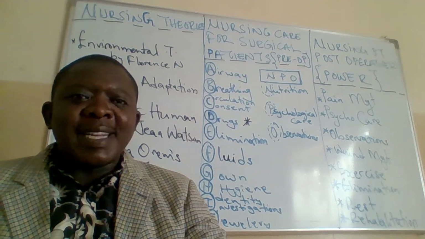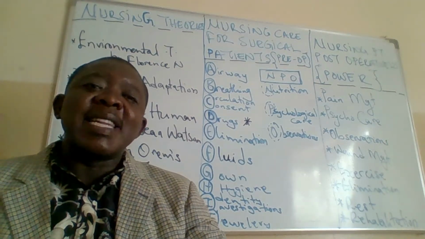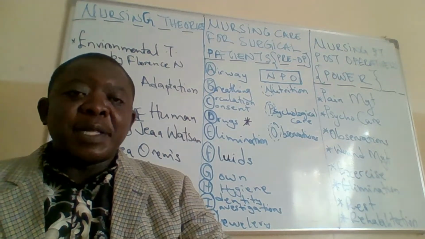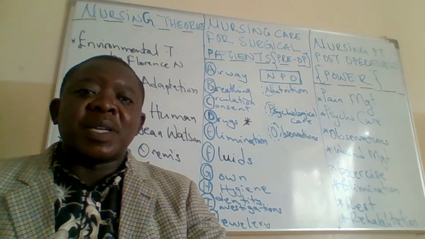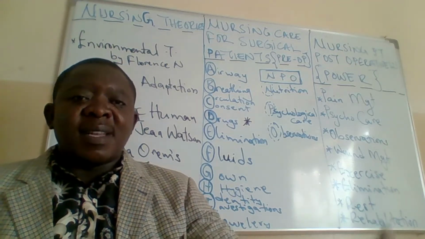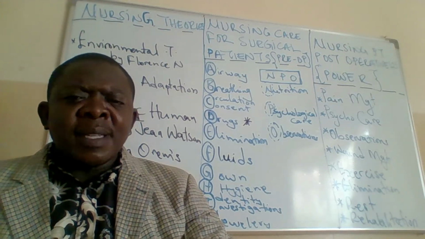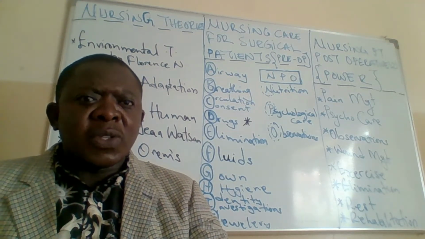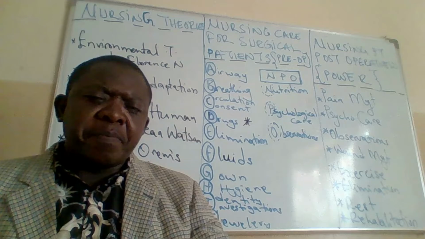The identity band will contain the name, age, and possibly the type of operation. You can also include anything peculiar to the patient. Otherwise, each hospital may have their own system of writing their identity band.